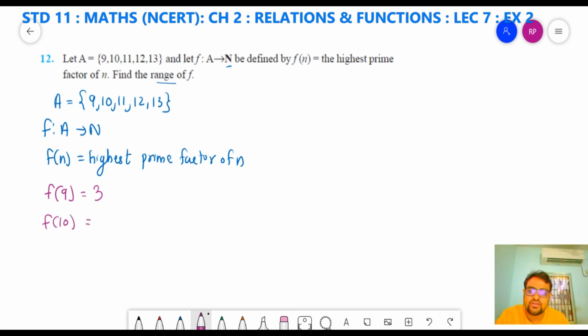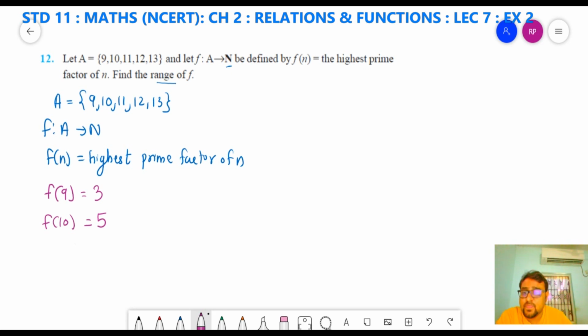Now what are the factors of 10? The factors of 10: 1, 2, 5, 10. Out of them, which are prime? 2 and 5. And out of them, which is the highest? 5. Right? So our answer will be 5. f of 10 is equal to 5.